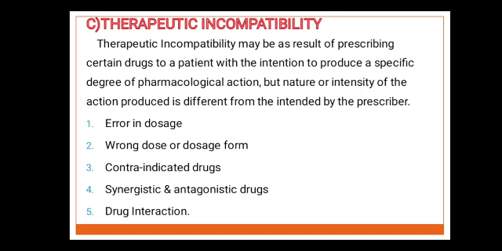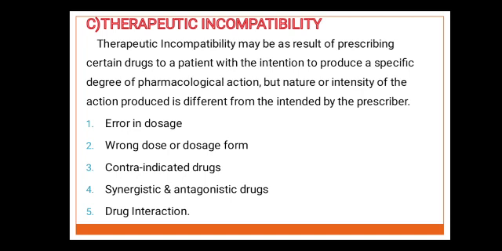Fourth point is the synergistic and antagonistic drugs. Many drugs exhibit synergism and antagonism when administered in combination. When two drugs are prescribed together, they tend to increase the activity of each other. This is known as synergism.